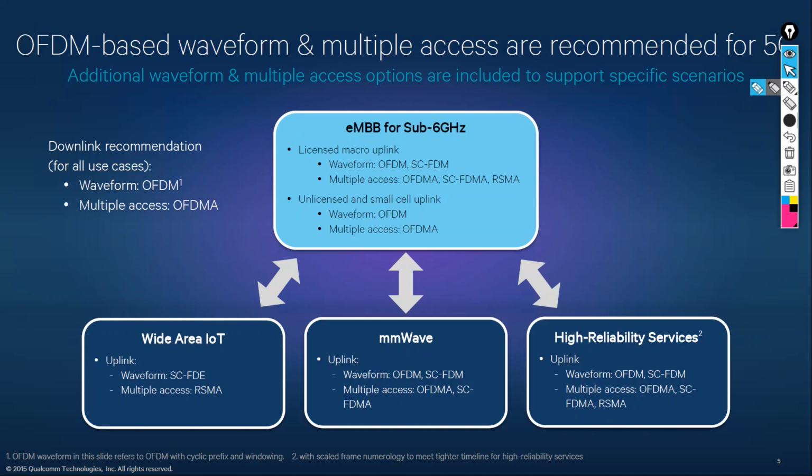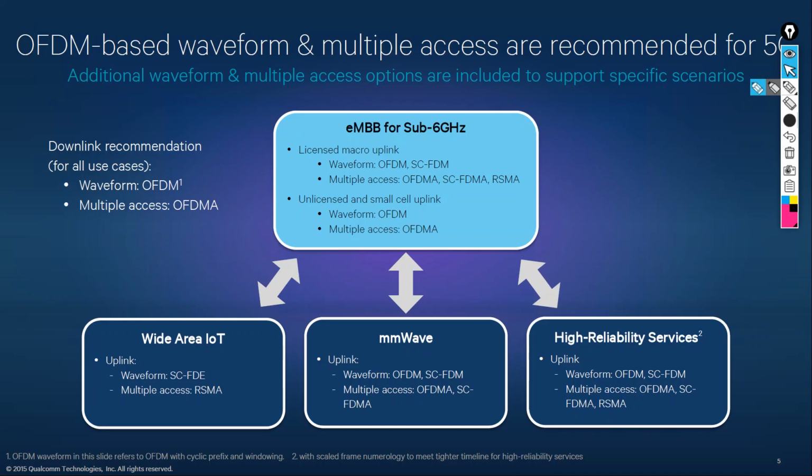It's OFDM, but for multiple users. For enhanced mobile broadband communication at frequencies at 6 GHz and below, you use OFDM and single carrier frequency division multiplexing. We will explain the differences between them when I tell you what single carrier FDMA is.